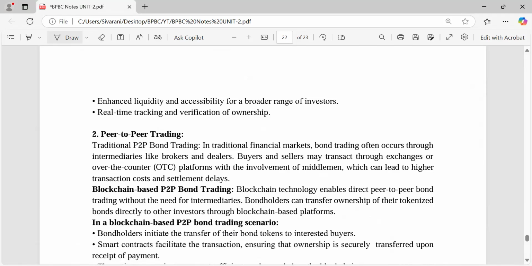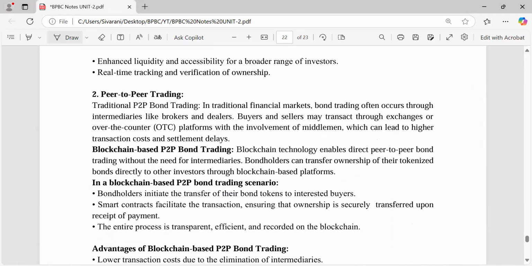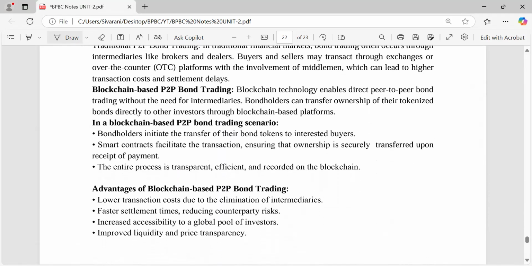In the blockchain-based trading scenario, you initiate the transfer of the bond token to interested buyers. The smart contract facilitates the transaction upon receipt of payment, and the entire process is transparent, efficient, and recorded on the blockchain.